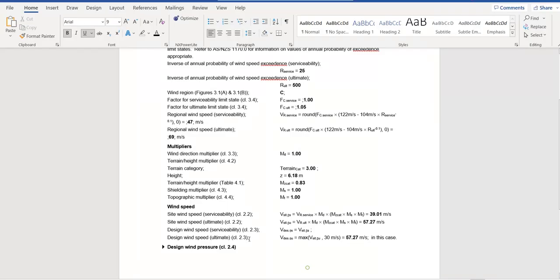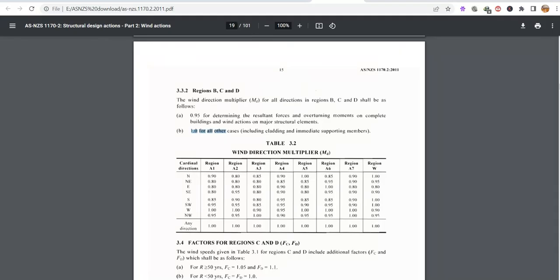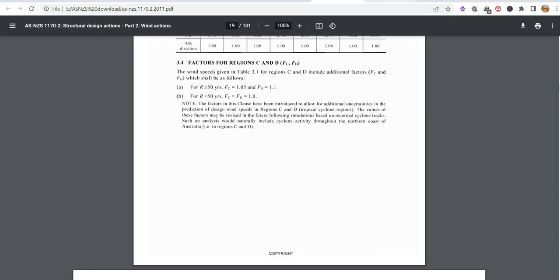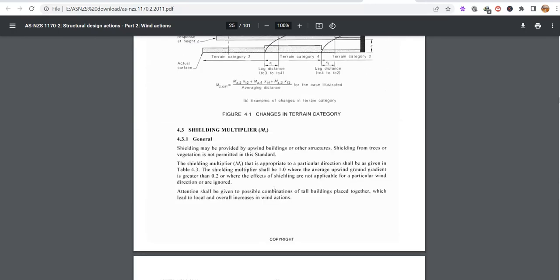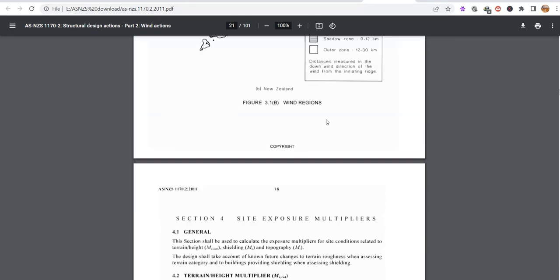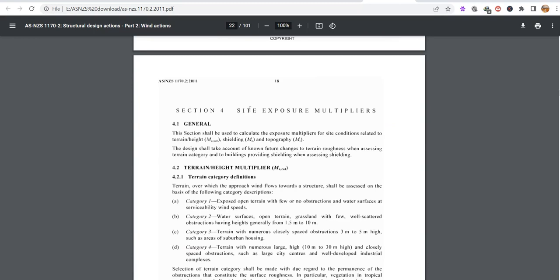What else do we have? Terrain category 3. Let me go back and explain here. If you go up to section 4, you will see the site exposure multiplier.